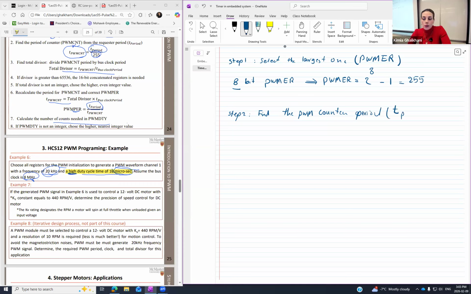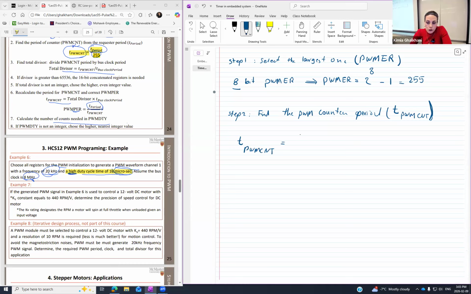T PWM CNT. Counter period means T for PWM CNT. And this is in here. T PWM CNT. Remember this one? This equation is given in the lecture slide. Now let's do that. For PWM CNT, you have to say T PWM CNT.